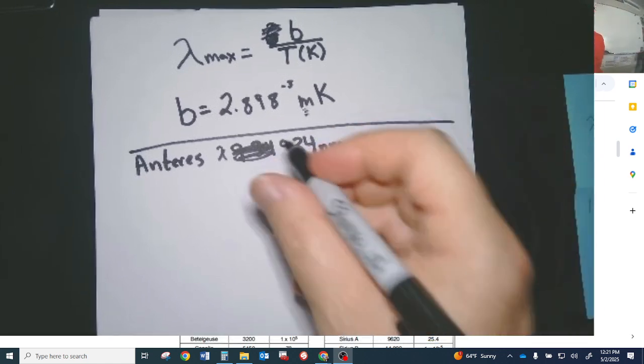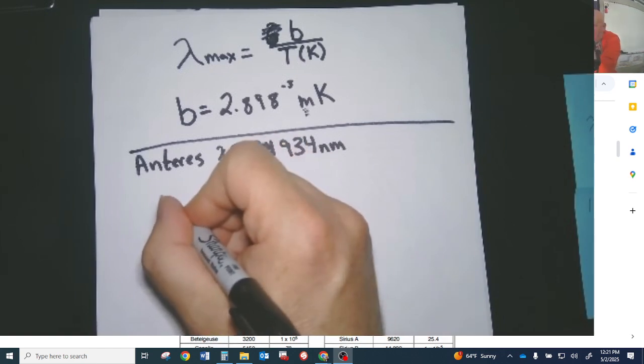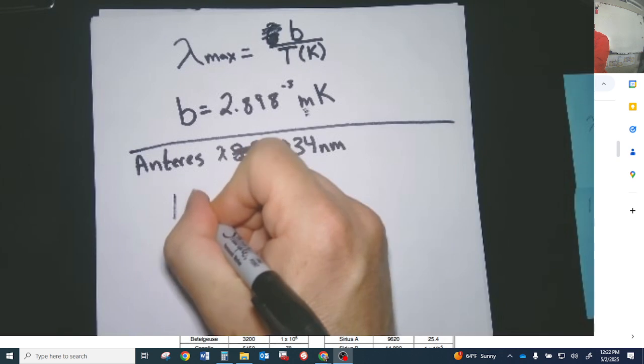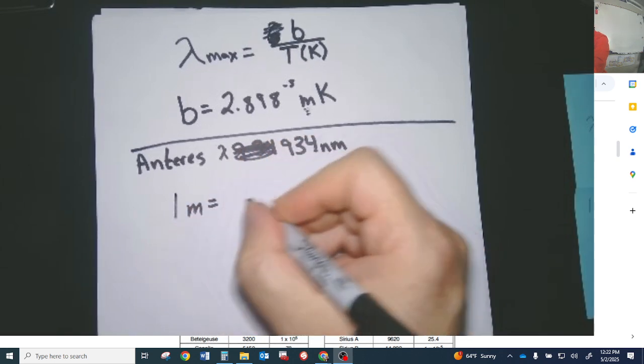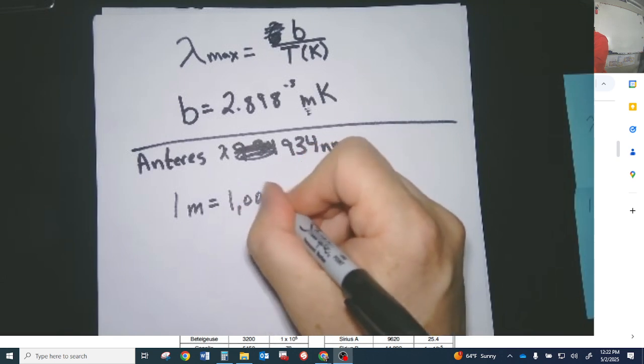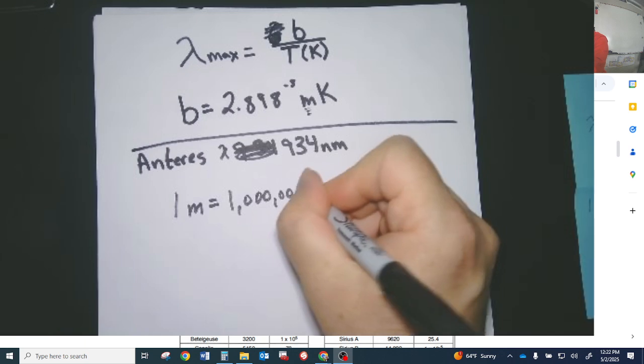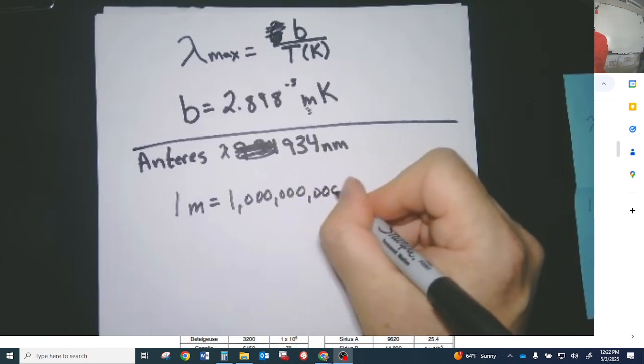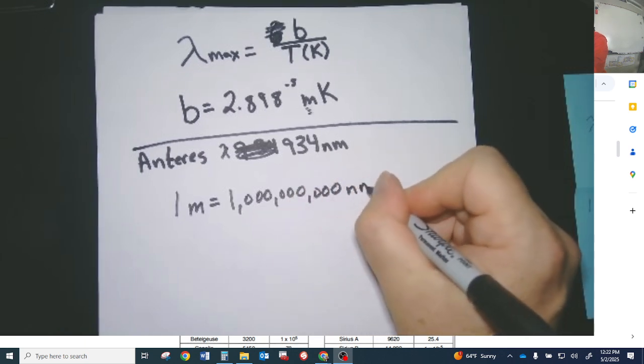Okay, so if 1 meter is equal to 1 billion, that's 9 zeros, nanometers.